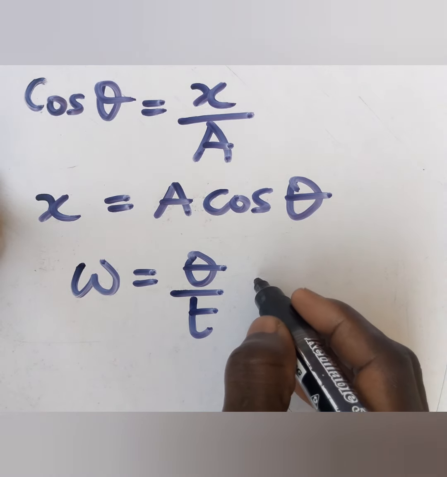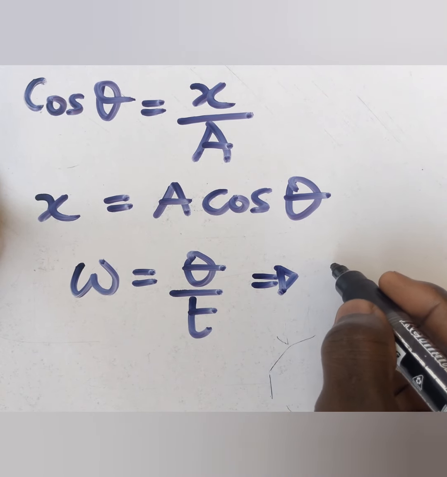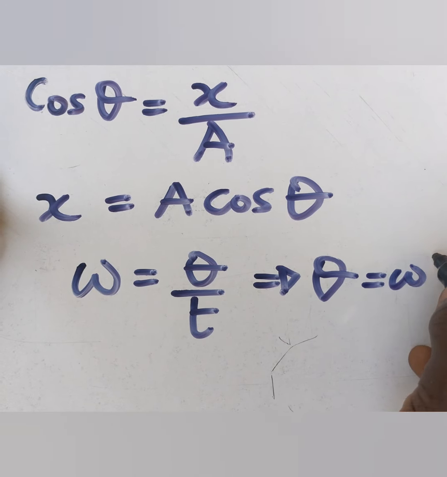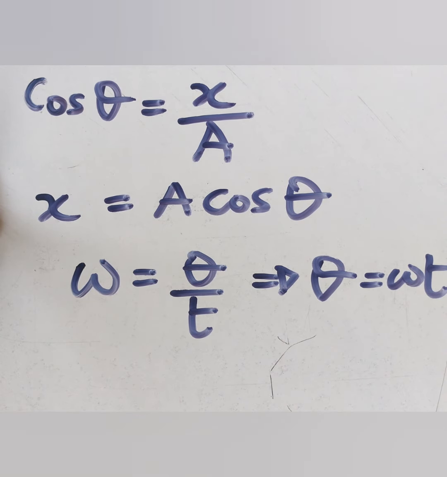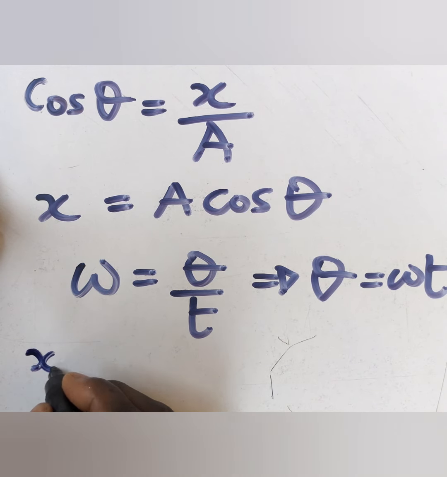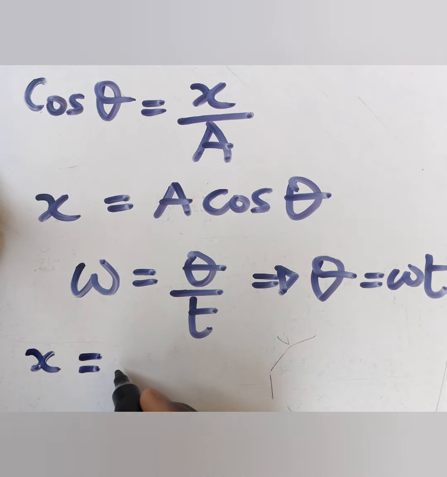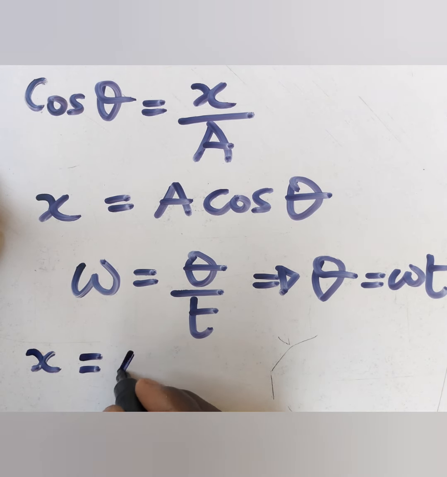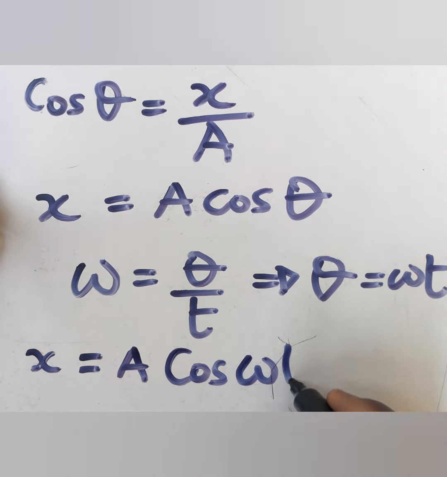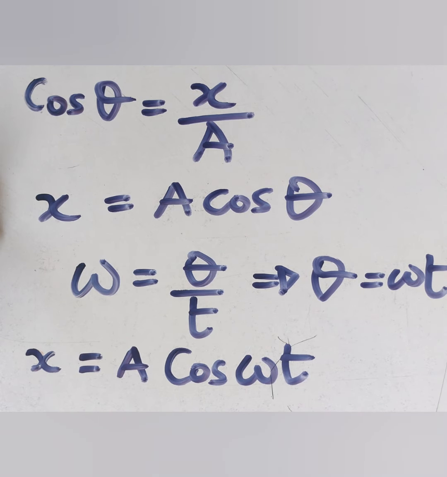If I cross multiply, that will give me theta is equal to omega t. So if I substitute into the equation above, I can write that my x is equal to a cos omega t.